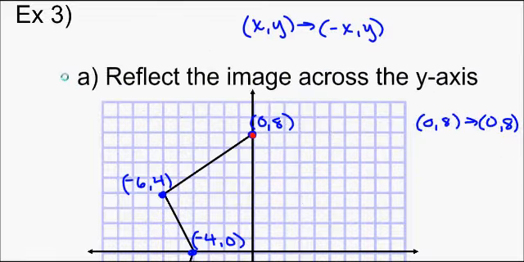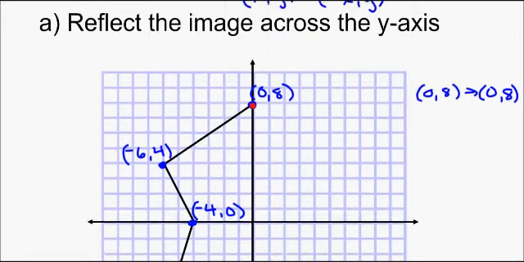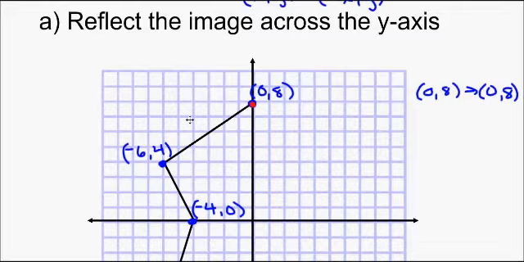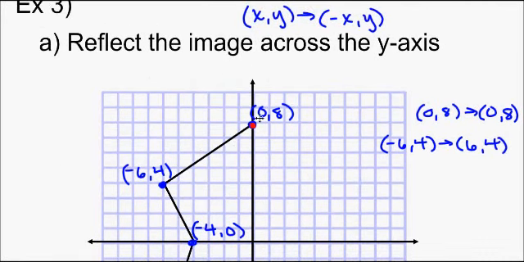Now, (negative 6, 4). Again, my x value is going to change its sign, so that's a 6. The y value stays the same, 4. So I have a new point at (6, 4).